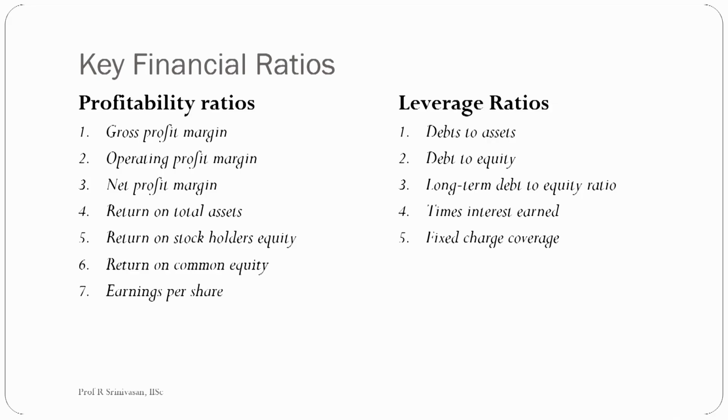It measures the extent to which earnings can decline without the firm becoming unable to meet the annual interest costs. Any debt which is given to an organization carries with it interest. Suppose an organization is not able to service the interest of the loan itself, then the question of servicing the loan does not arise.